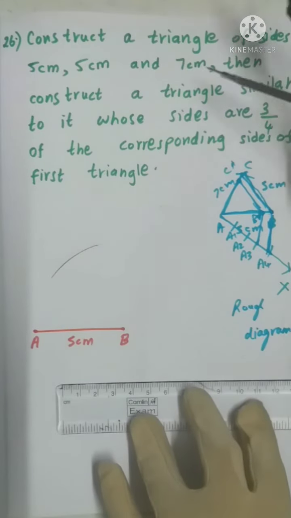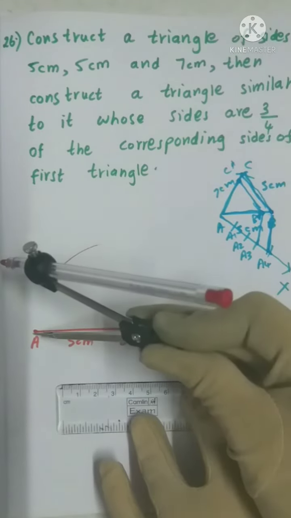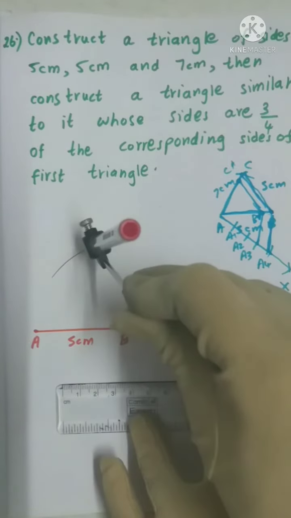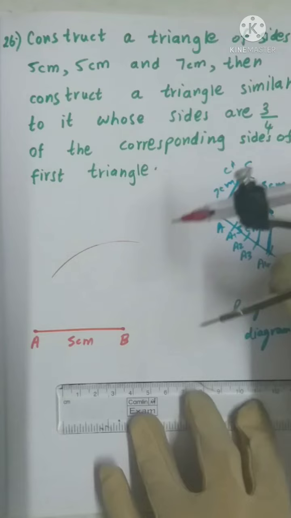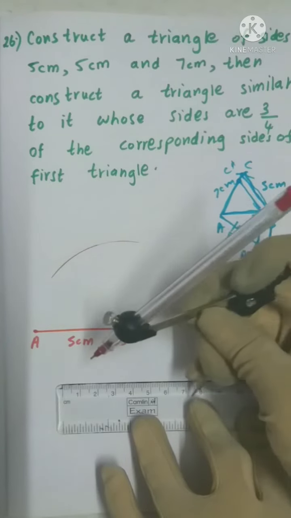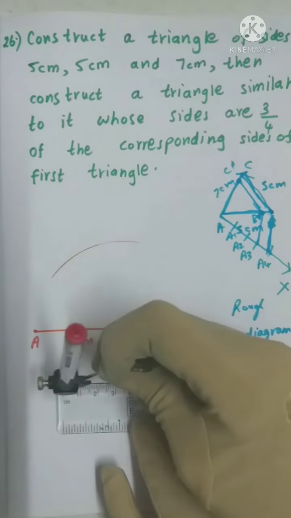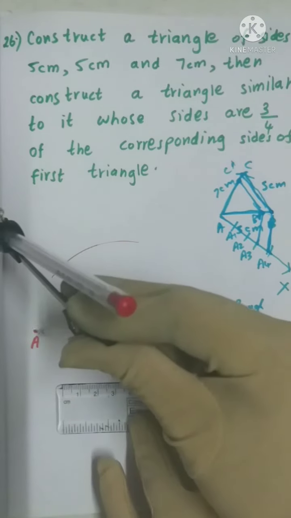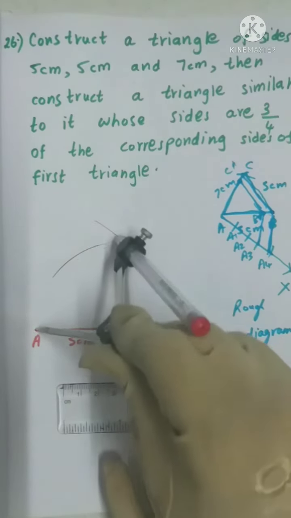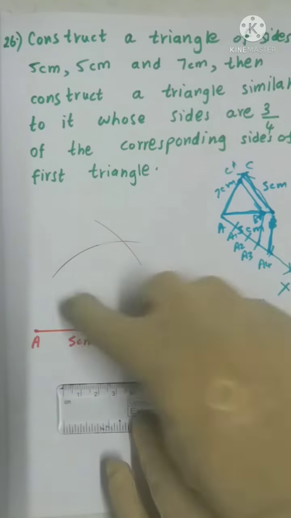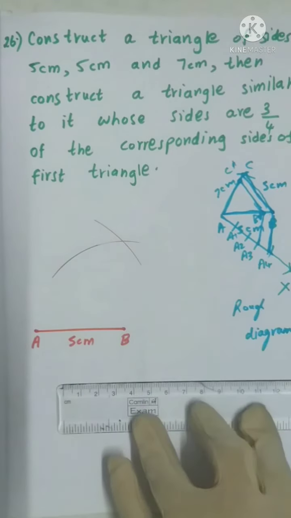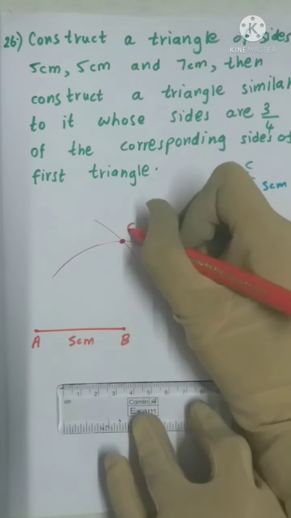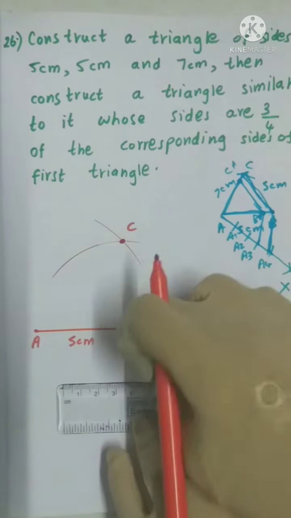Next we have another side, 7 cm. So from A again draw an arc in such a way that it is 7 cm. Where these two arcs meet, name that point as C. And join AC and BC.